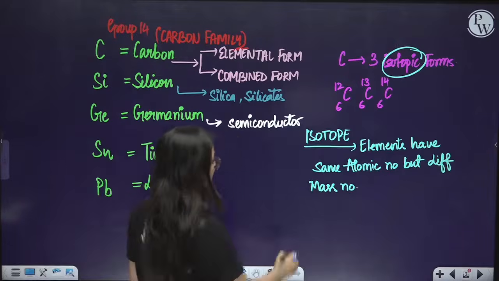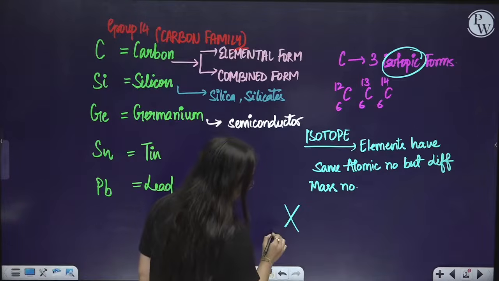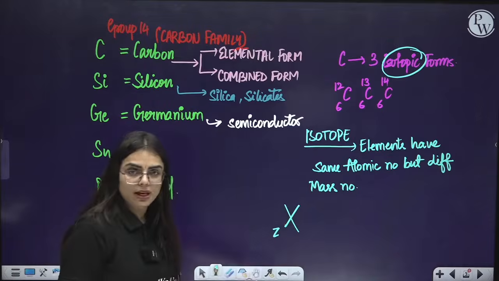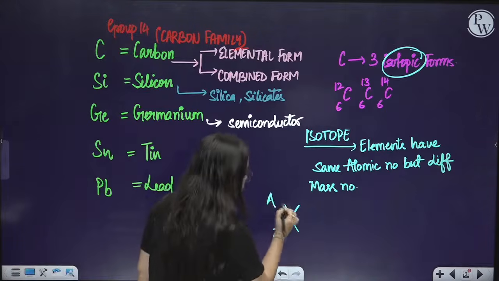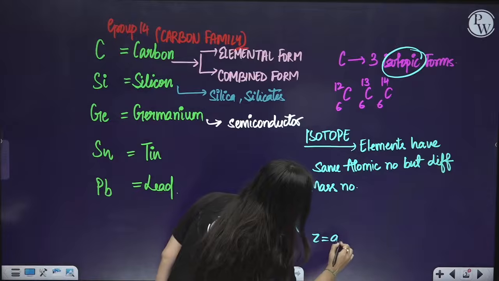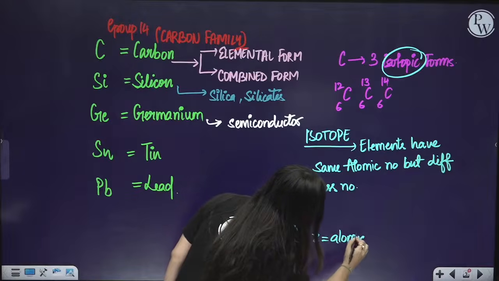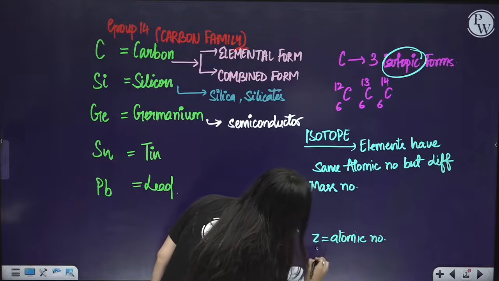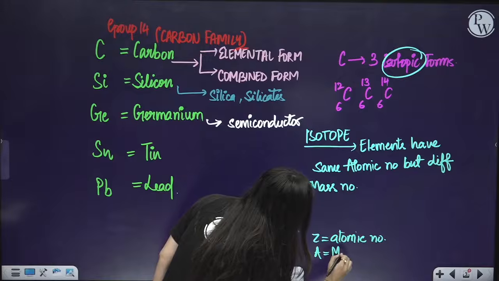If I represent a certain element X, I write the atomic number at the base and the mass number at the top. Here Z represents your atomic number, A represents your mass number.